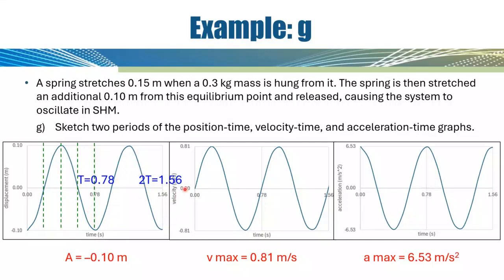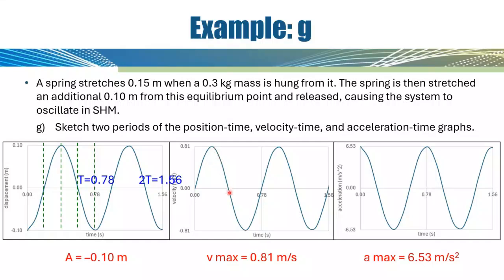my two oscillations. But let's also think about it a different way, that when you are at the displacement time graph and you're down here at this end point, we know that down here at this end point, the velocity is 0. So that's another way we're going to remember that the velocity time graph has to start at 0.